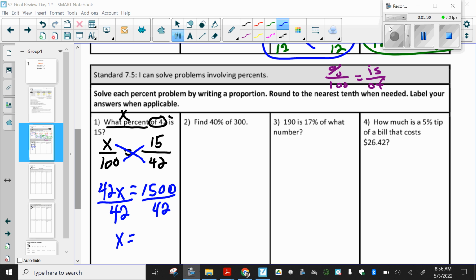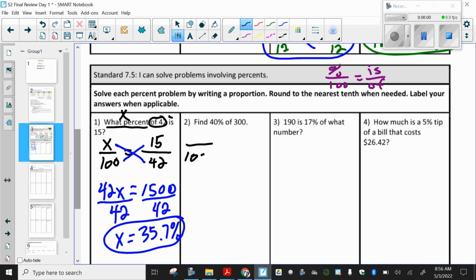Sorry, I thought I was making an error because I didn't read the full directions. Round to the nearest tenth. So I'm going to get a long calculator answer. 35.7142, right? I'm just going to round to the nearest tenth. So my answer is going to be 35.7. And it was the percent. So I'm going to put a percent sign. 35.7%.